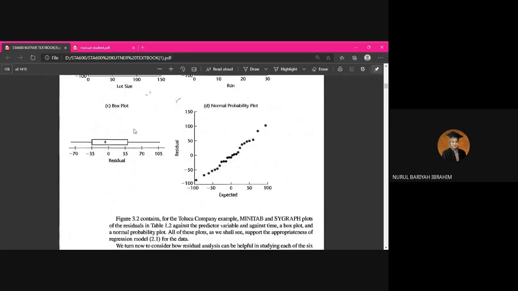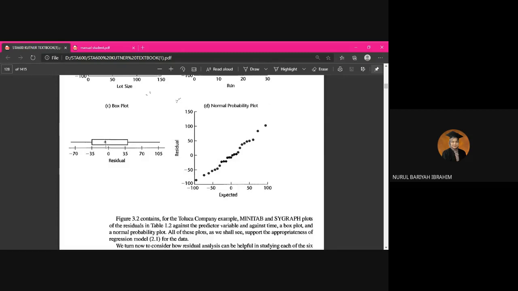Dia ada dari this box plot akan ada minimum value, maximum value, kat sini first quartile, third quartile and the median. So daripada box plot ni kita boleh tengok whether there is a symmetrical distribution, whether that distribution is normal or not, symmetric or not. Okay.